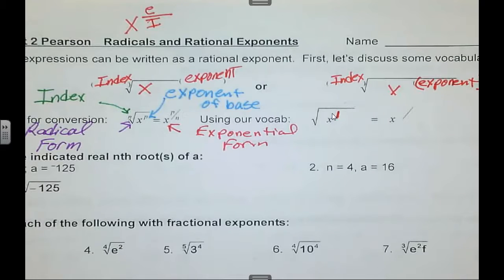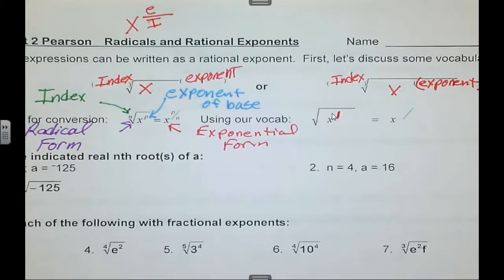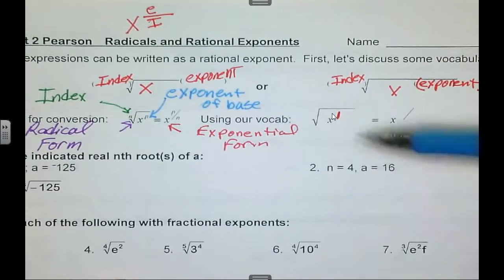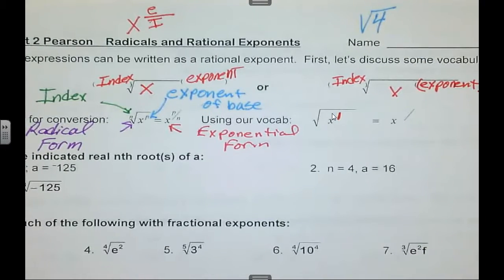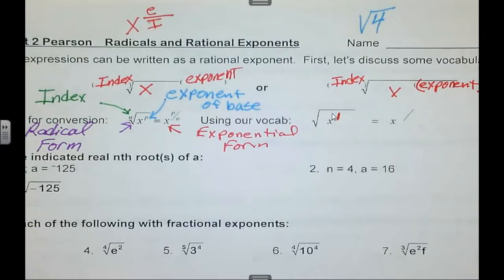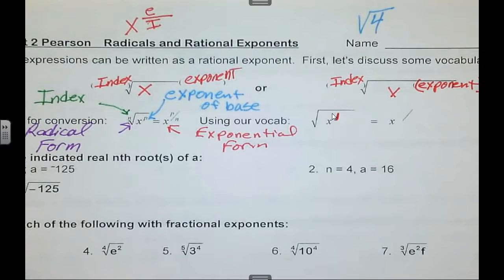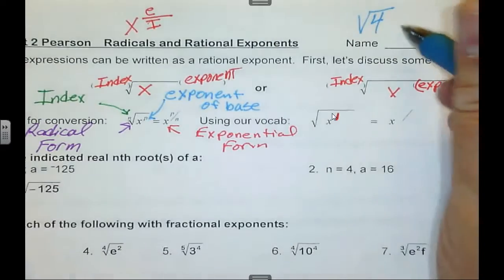Think about it. When I have a radical with a number, what do you do? What do you do when you see this? What does that equal? 2, right?